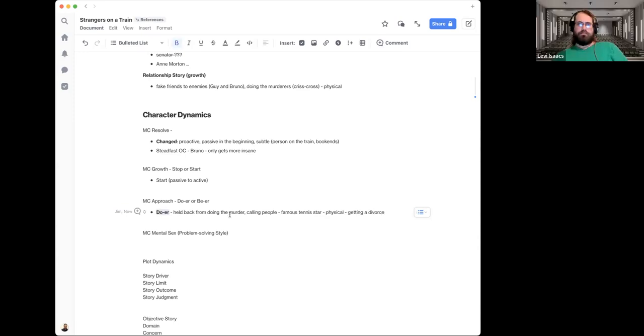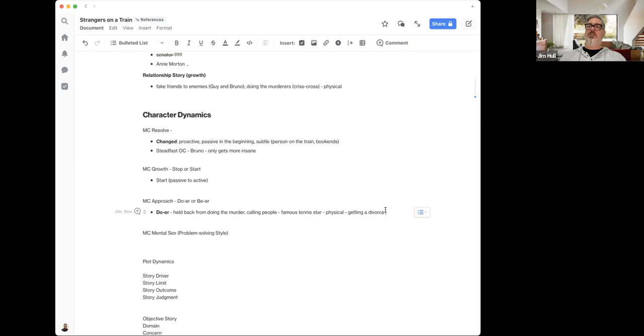So this is important to think about: passive and active are not doer and beer. The cultural trend is that beers are passive and doers are active. But you can have passive doers who are having issues because of what they're passively doing, as opposed to an active beer who would be very manipulative.